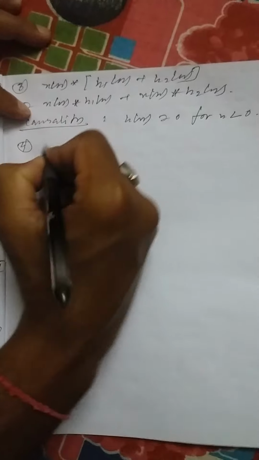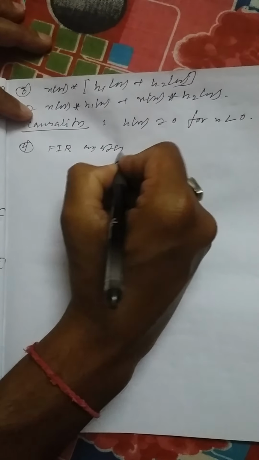Now another classification is FIR and IIR systems. What is the full form of FIR? Finite impulse response. Linear time invariant systems can be classified according to FIR. If the impulse response of the system is of finite duration, then the system is called a finite impulse response or FIR system.